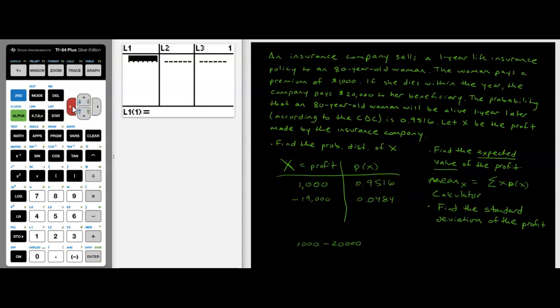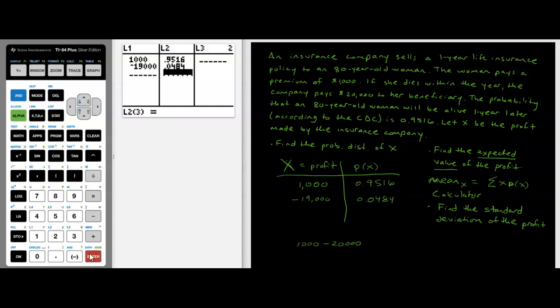And in list 1, we're just going to put the two possible values of our random variable, the two possible values of the profit. So we get in 1,000 and negative 19,000. And then when we go over to list 2, we're going to put in 0.9516, and then also 0.0484.